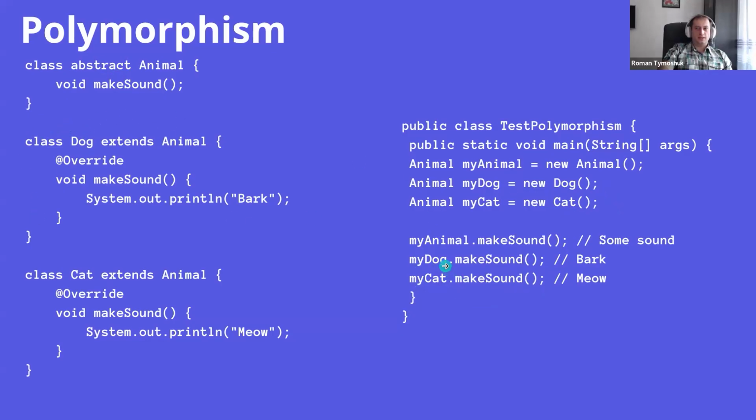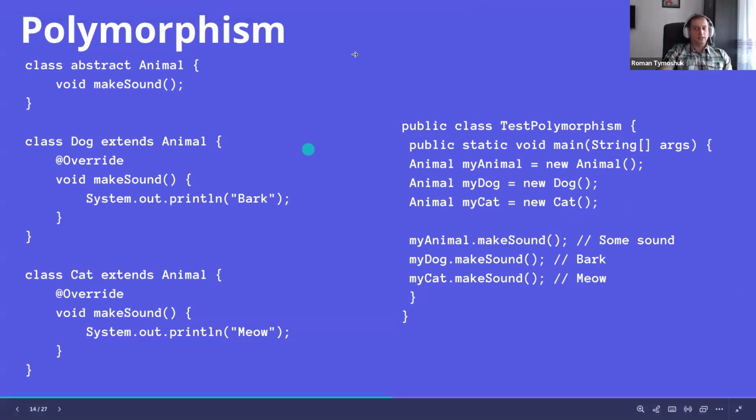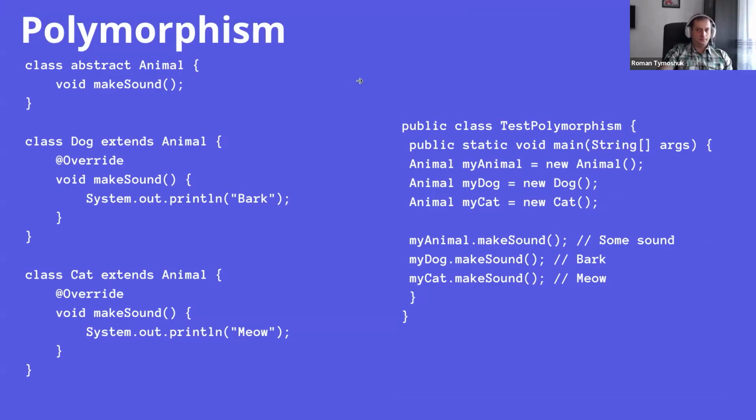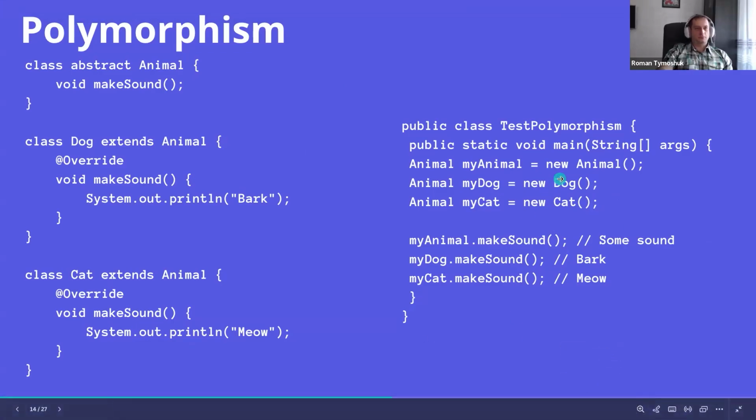And even if this is an animal and it makes a sound, we can hear bark and meow. So what you need to understand is that you can assign to the objects of a parent class the definitions of the objects of a child class. And it's obvious. Each dog is an animal. Each cat is an animal as well. I think it's clear for you. Any questions here?